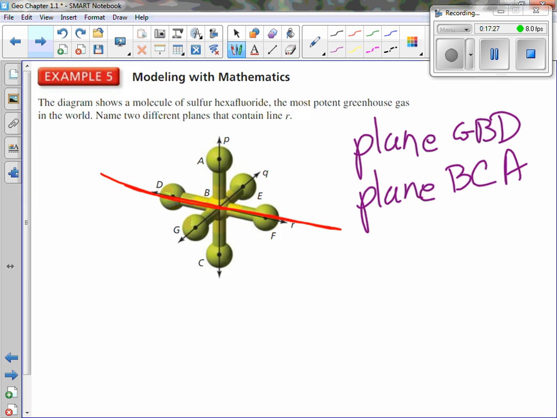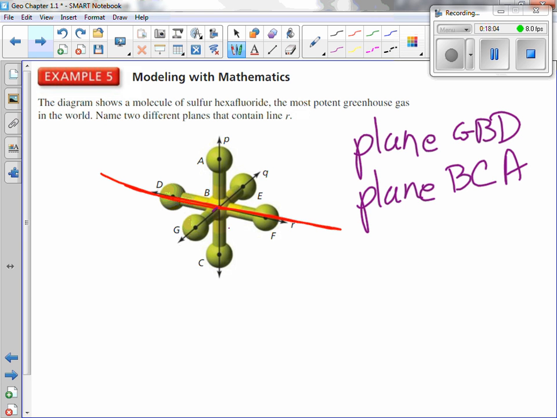F, B, D? F, E, D, yes. That would be another one. And then we could do C, B, D, C, F, A. Any of these combinations of the three, as long as they're not on the same line. So C, B, A would not work. B, D, F would not work. E, B, G would not work. Because they're all on the same line.